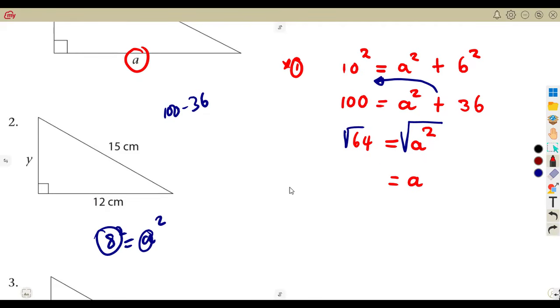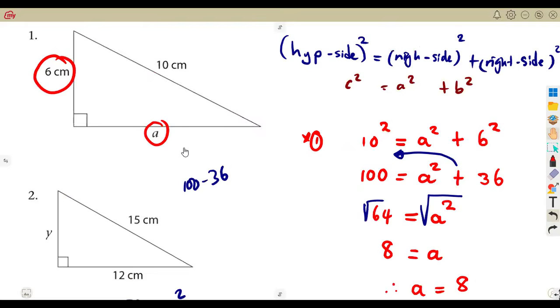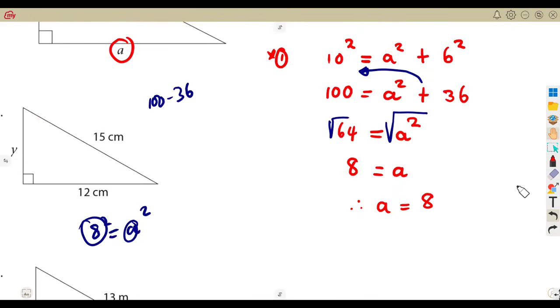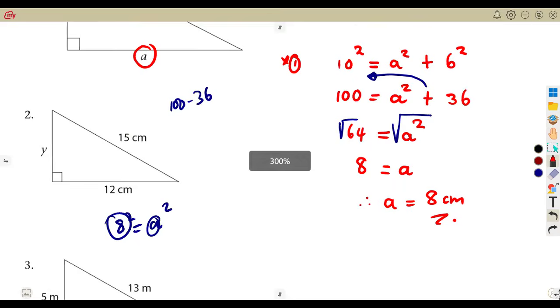The number that multiplies itself to give us 64. 8 times 8. Remember that. So 8 is equal to A, therefore A is equal to what? 8. So that is in what? Centimeters. The other units there are given in centimeters. Just like that.